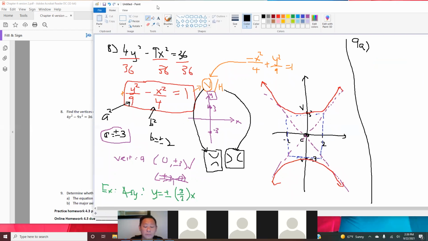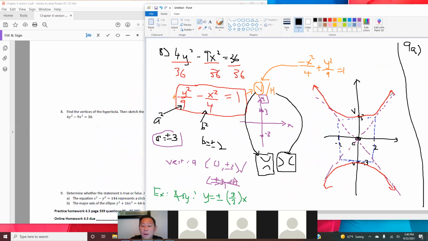Is the asymptote just the dimensions of this box? No, the asymptote is the purple line. I'm talking about the equation for the asymptotes. It's 3/2, based on your A and B. That's like the slope of the asymptote, right? Yeah, it's a slope. It depends on your A and B. If you look here, the slope in this case is going up 3/2.